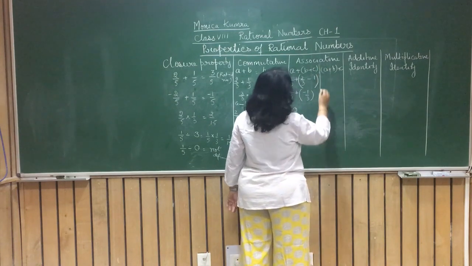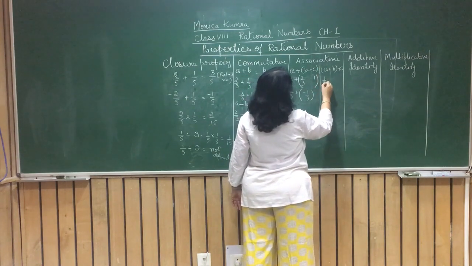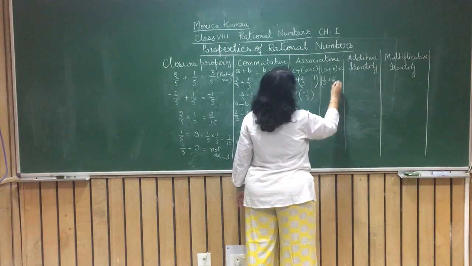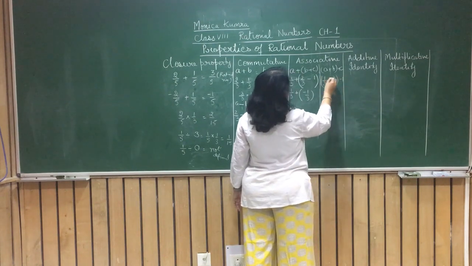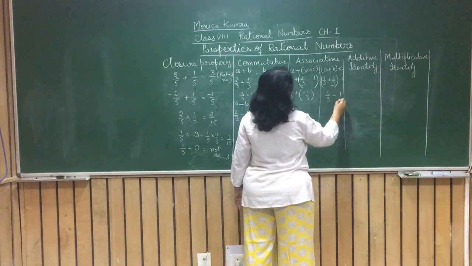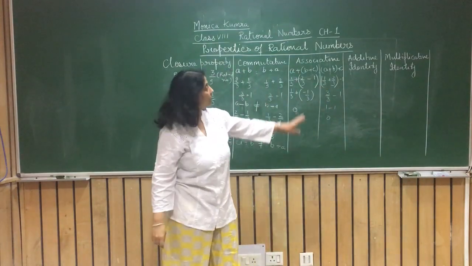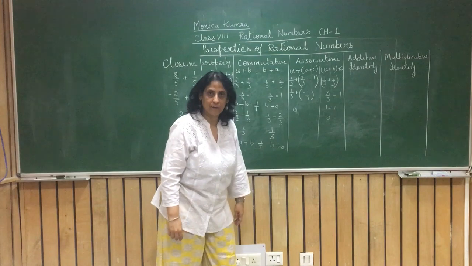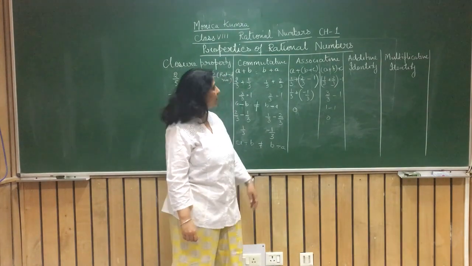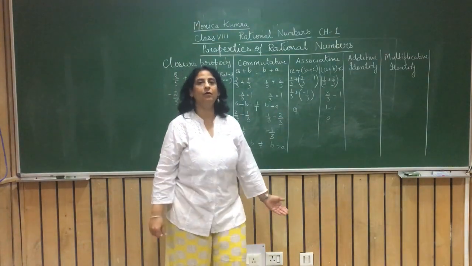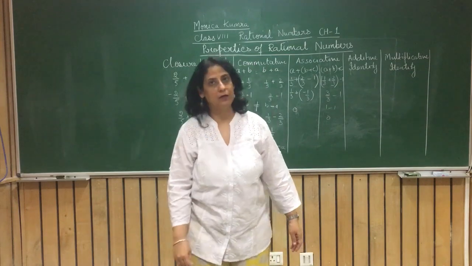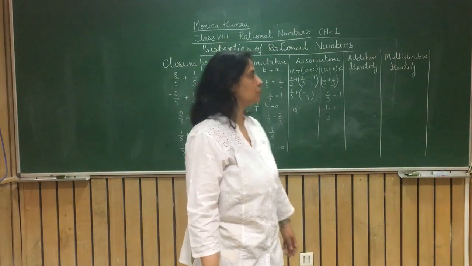And now if I take 1 by 3 plus 2 by 3, this becomes 3 by 3 minus 1, 1 minus 1. So yes, for rational numbers, addition is associative. Am I clear? The same associative property you can try for multiplication, subtraction and division also.